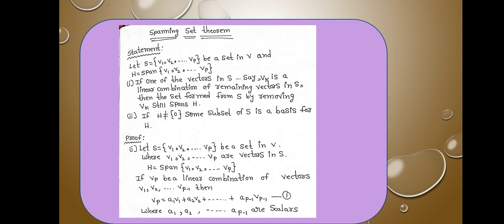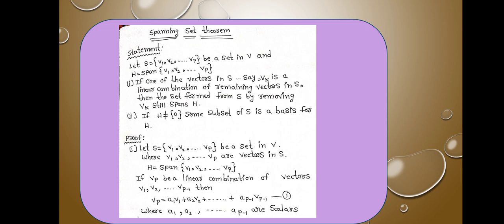Statement 1. If one of the vectors in S, say vk, is a linear combination of the remaining vectors in S, suppose we wrote vk as a linear combination of the preceding vectors up to vk minus 1, then the set formed from S by removing vk still spans H. Here they are saying that we have a set v1, v2, up to vp.